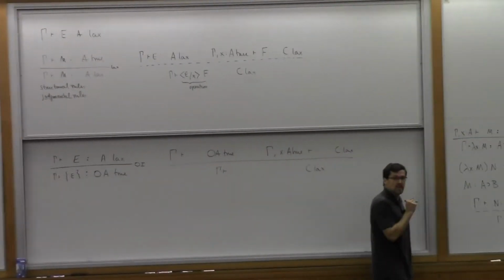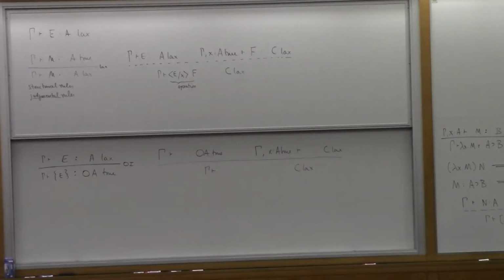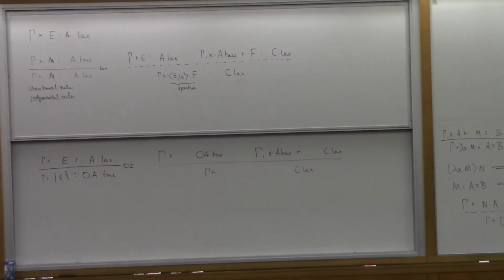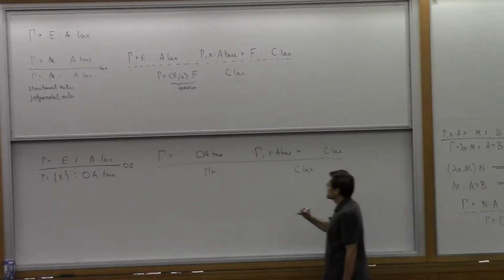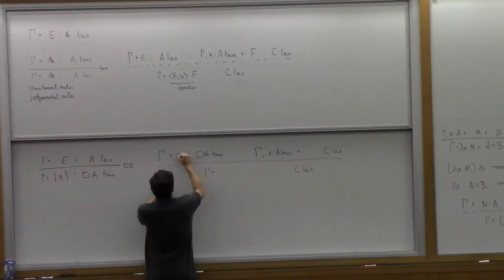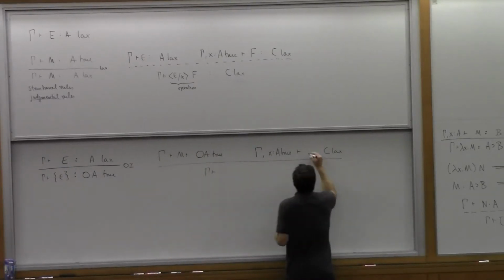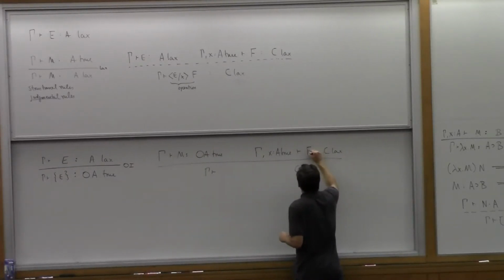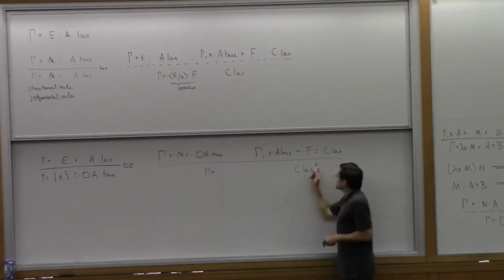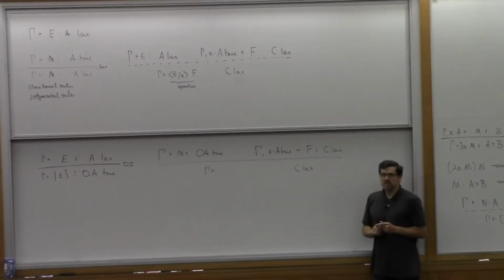Right. And you'll see when we check whether this rule is locally sound that it essentially reduces to the substitution principle, which is why we construct it this way. So let's fill in some things. This is going to be some term M. This is going to be some computation, let's call it F, because evidence for C lax is some computation.